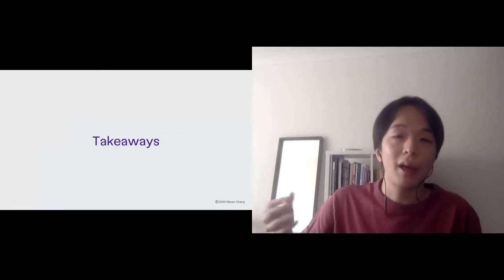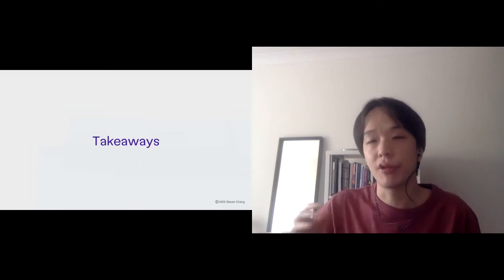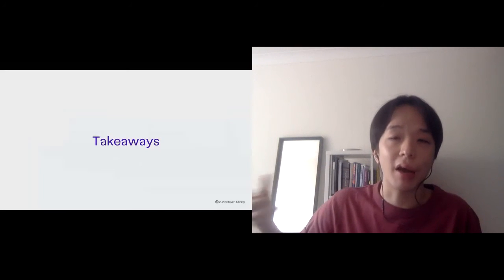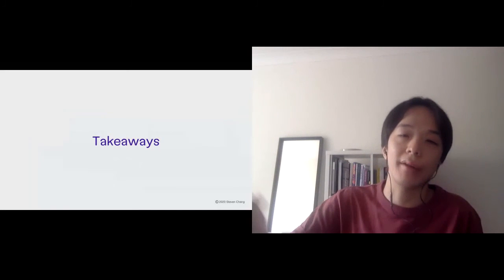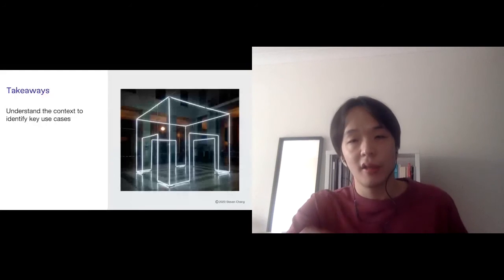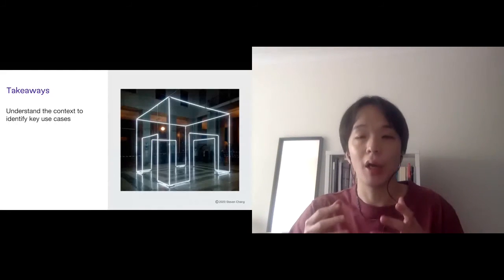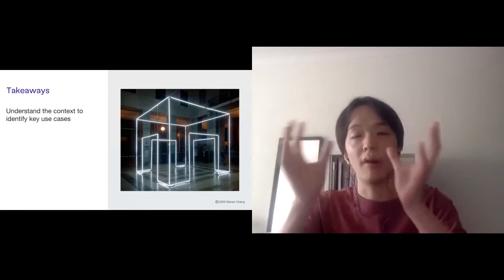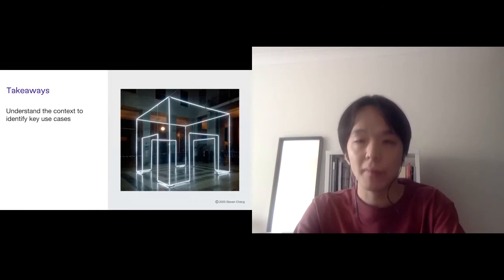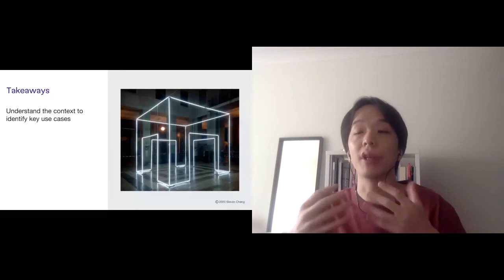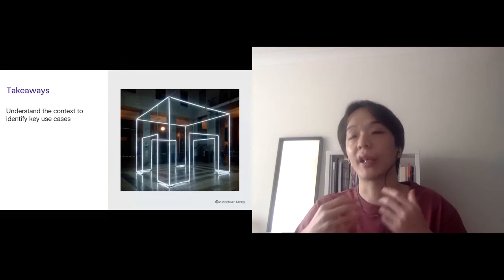Let's recap on all the things we have gone through today. Key takeaways on research for voice design. First, you need to conduct research to understand the wider picture and build up a basic foundation of our users. This research will help you understand the context and identify key use cases.